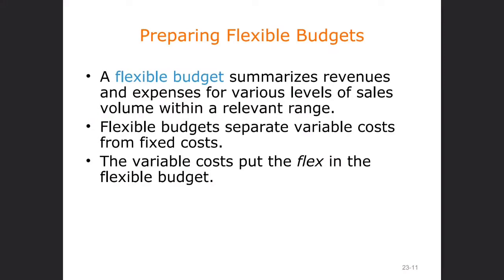Preparing flexible budgets. A flexible budget summarizes revenues and expenses for various levels of sales volume within a relevant range. Flexible budgets separate variable cost from fixed cost, and the variable cost puts the flex in the flexible budget.